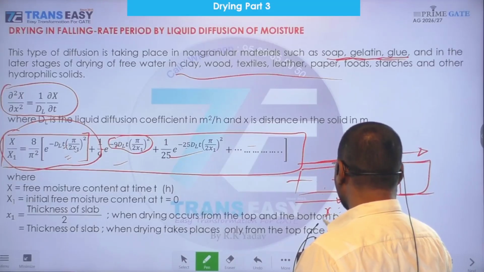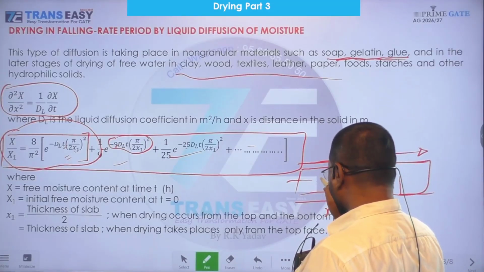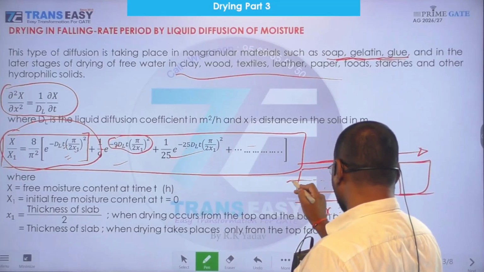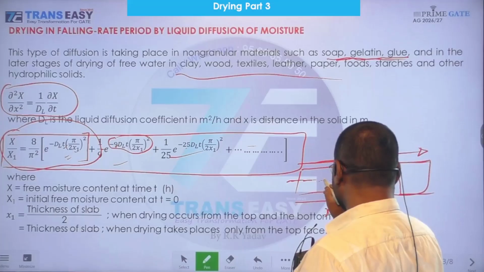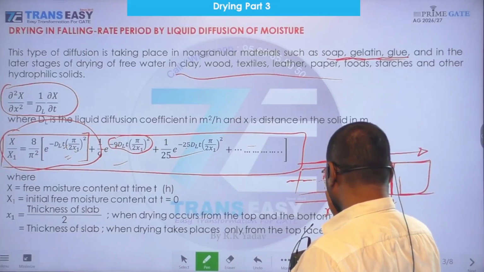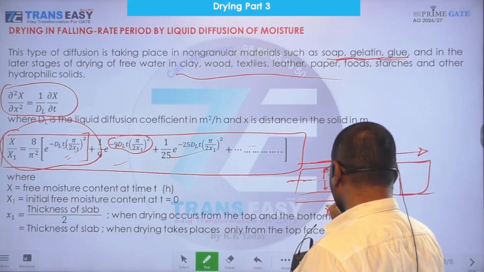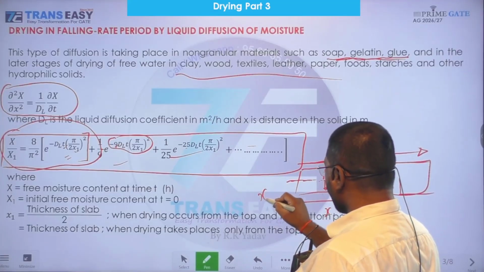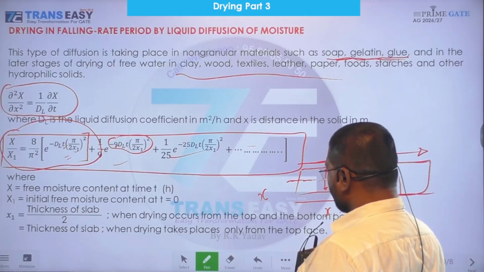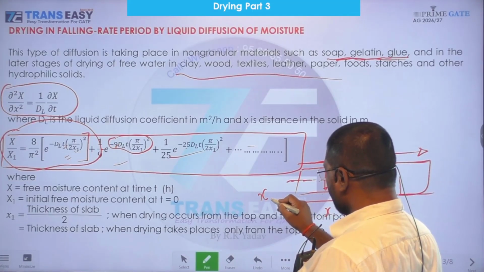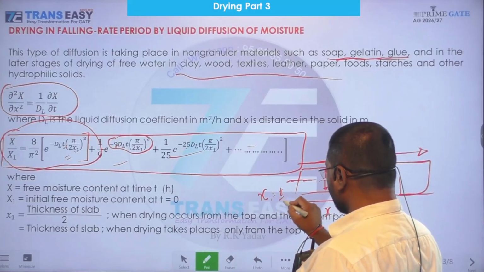So liquid of half thickness moves in this direction, and liquid inside this soap slab in this half portion will move in this direction. So movement of liquid water in slab in this case is thickness upon 2.